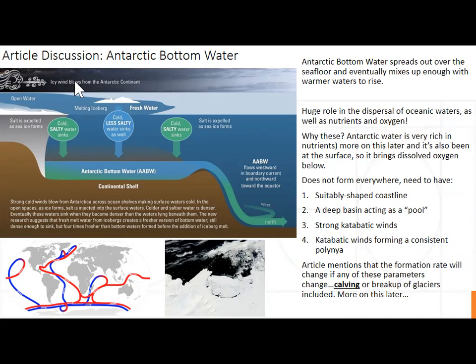And the point of the article was that Antarctic bottom water is forming at a pretty consistent rate right now, but that rate could change if climate conditions were to change in Antarctica.